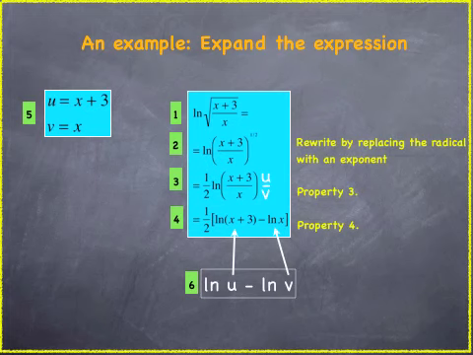We can use property 4 to separate that into what you see in item 4 as 1/2 times the natural log of x plus 3 minus the natural log of x. And basically it's the natural log of u minus the natural log of v. Now, don't forget the 1/2 applies to that whole expression. That's why I have brackets around it. But basically, that's how you move from step 1 to step 4.